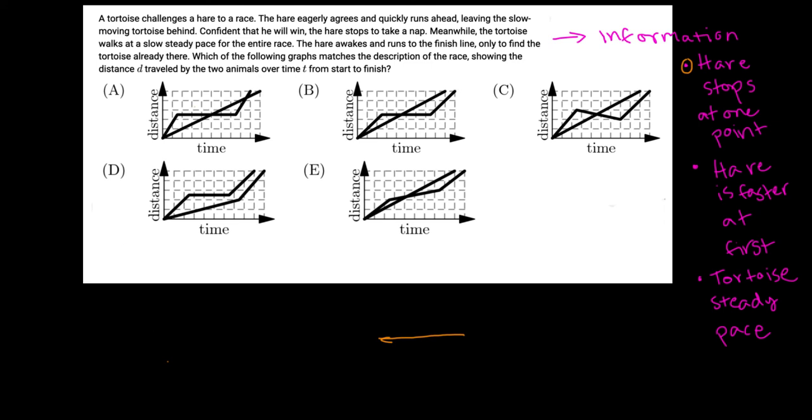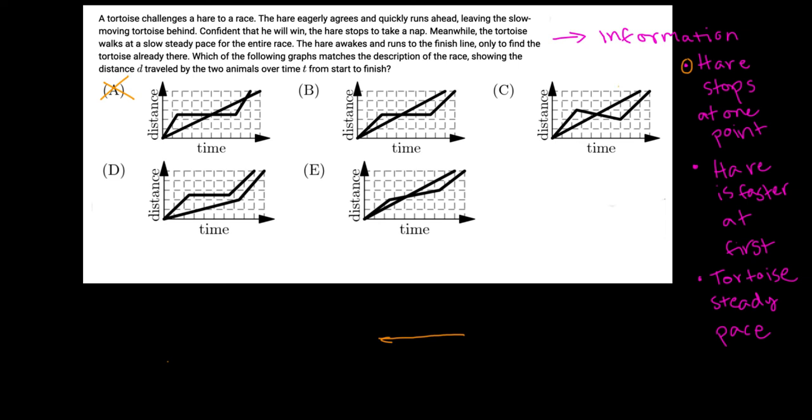With A, if you look at it closely, it does look like this line is going down a little bit. Not only that, but this graph also says that the hare reached before the tortoise, which is not right either. So A is eliminated. B does fit the criteria of stopping at one point, so we keep that one as an option.